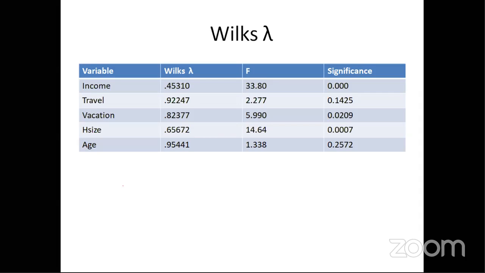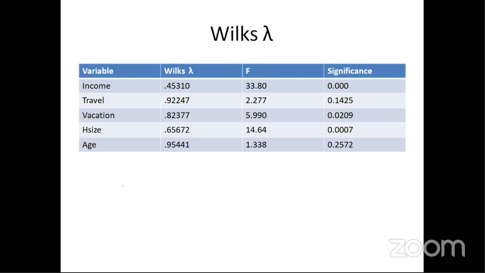So if you see in this table, we have estimated the Wilks lambda for the 5 variables. Wilks lambda for the income, for the vacation, and for the household size are significant, and Wilks lambda for the travel and age are not significant.